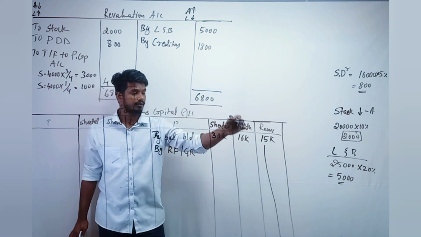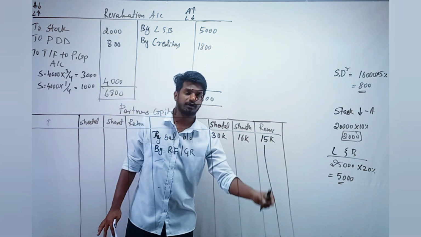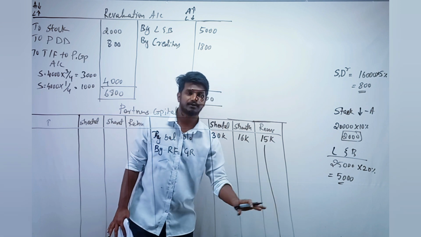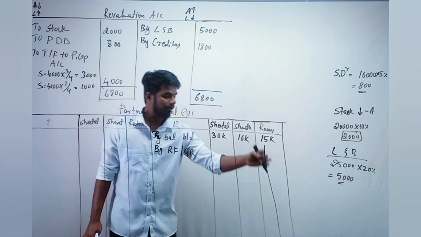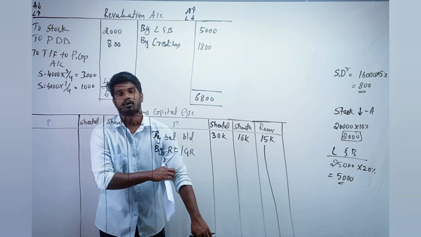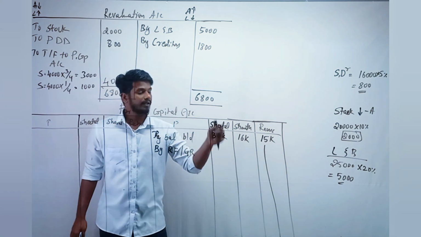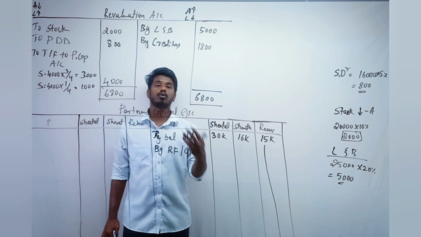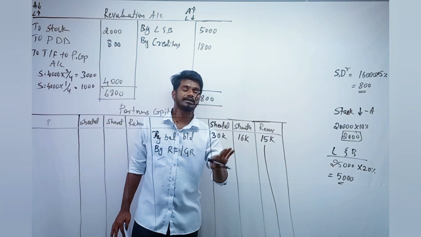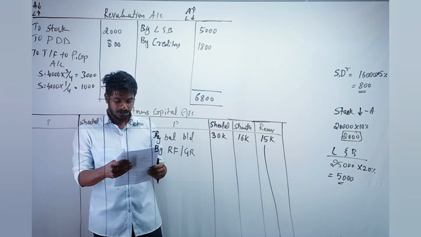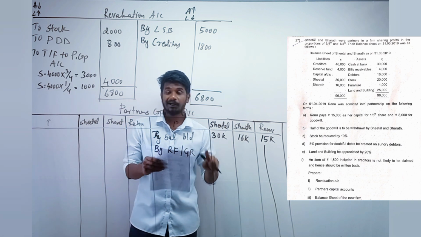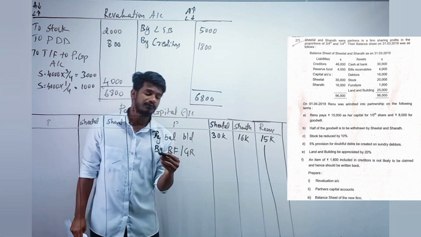Don't scratch in the exam; for your understanding only, I am just scratching that. Nothing will come in Renu's column. So if it doesn't come in Renu's column, to whom will we give it? We will share it with the old partners. So the reserve fund is 4,000.